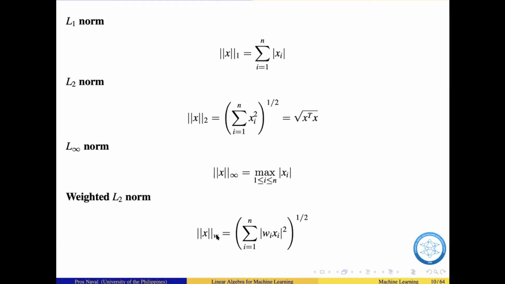For this weighted L2 norm, each coordinate of the vector space is given its own weight, and this norm returns the square root of the sum of the weighted squares of the vector elements. So all these norms appear in many applications in signal processing, computer vision, neural networks, and so on.